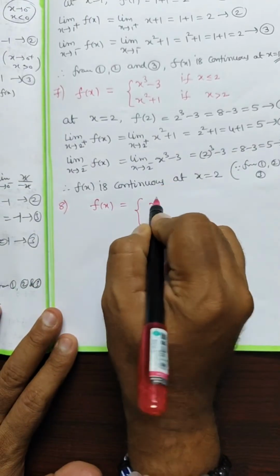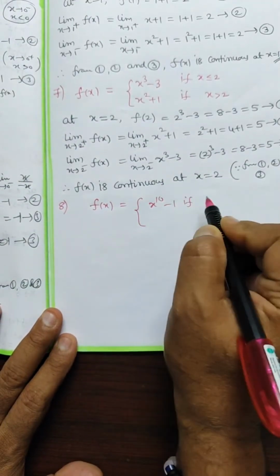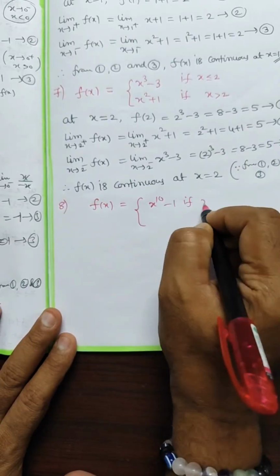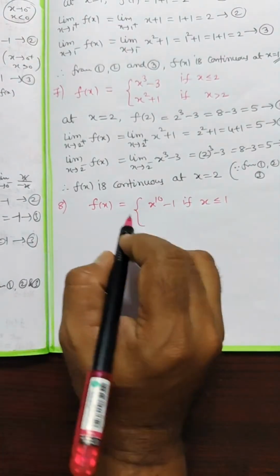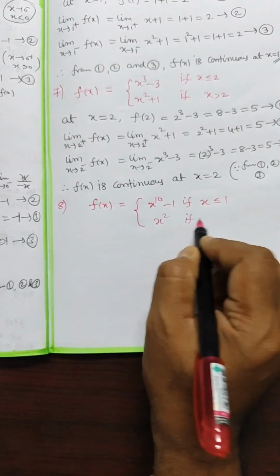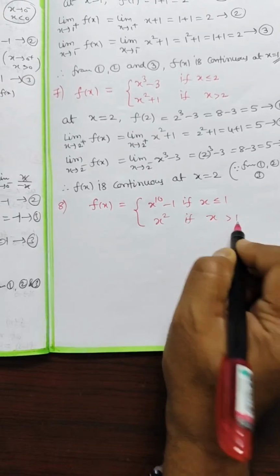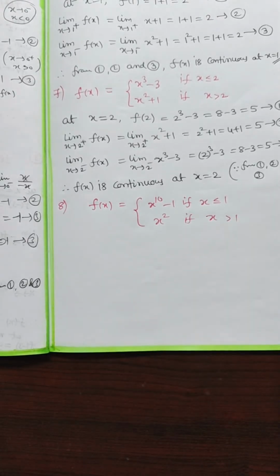x power 10 minus 1 if x is less than or equal to 1, x square if x is greater than 1. So here we need to verify at x is equal to 1.